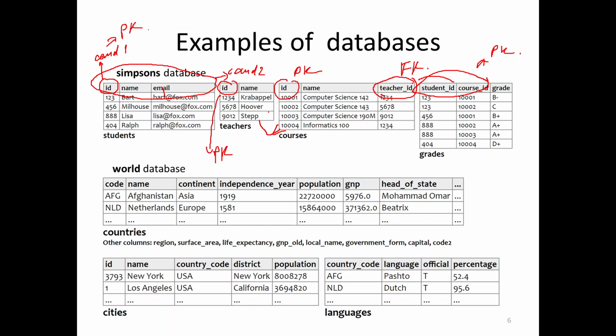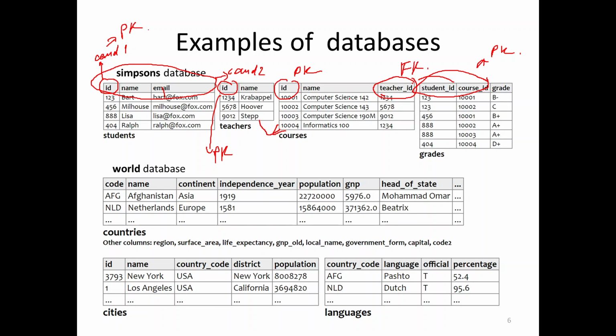So in this way, if you would like to find Krappabell's lectures, courses, you'll go and find the ID of Professor Krappabell, and then you'll find all the courses with the same ID.